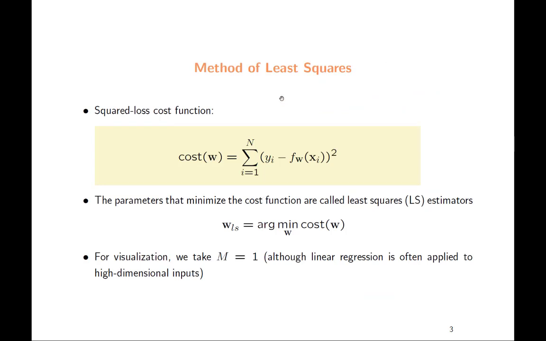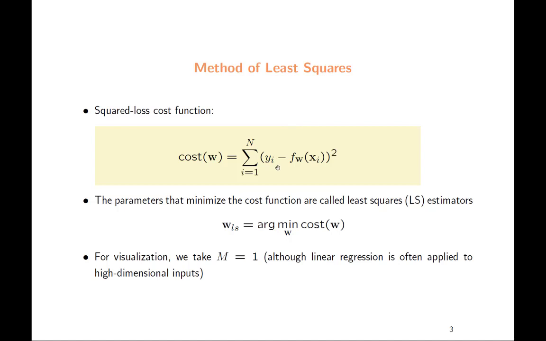So after we have the model, we define a cost function. And the typical cost function in regression is the squared loss cost function. So it's a sum over all data points.